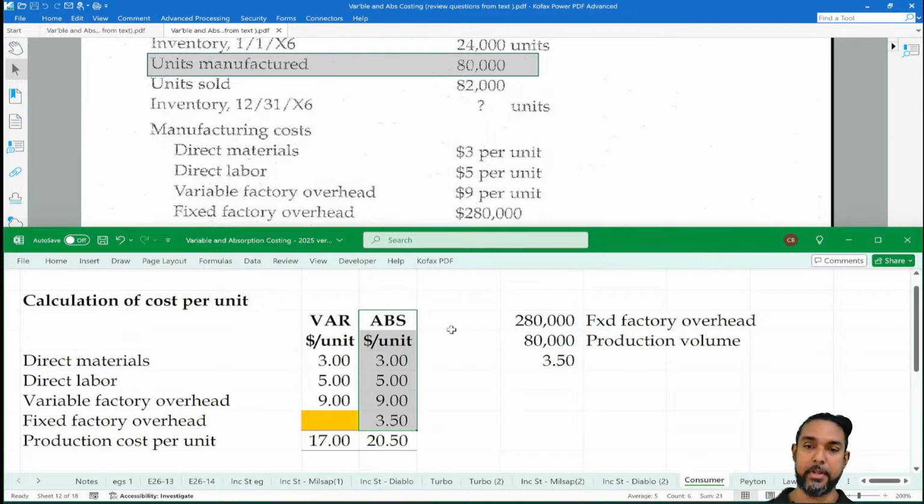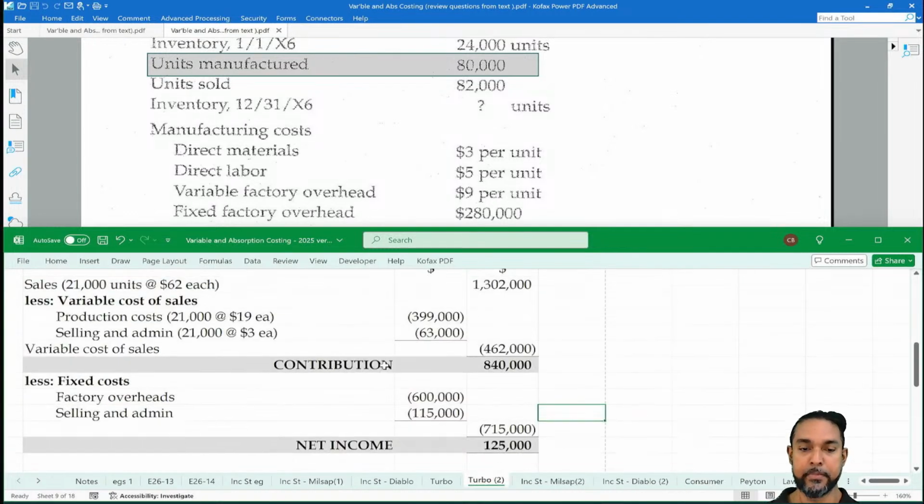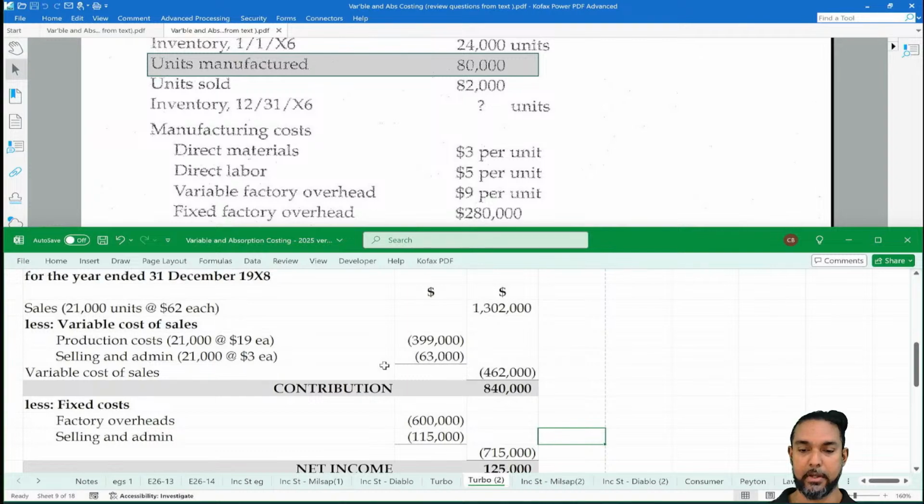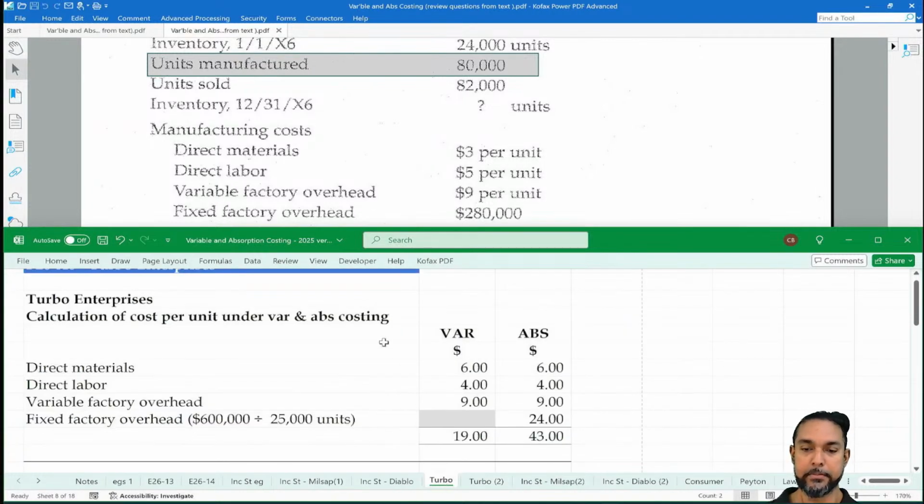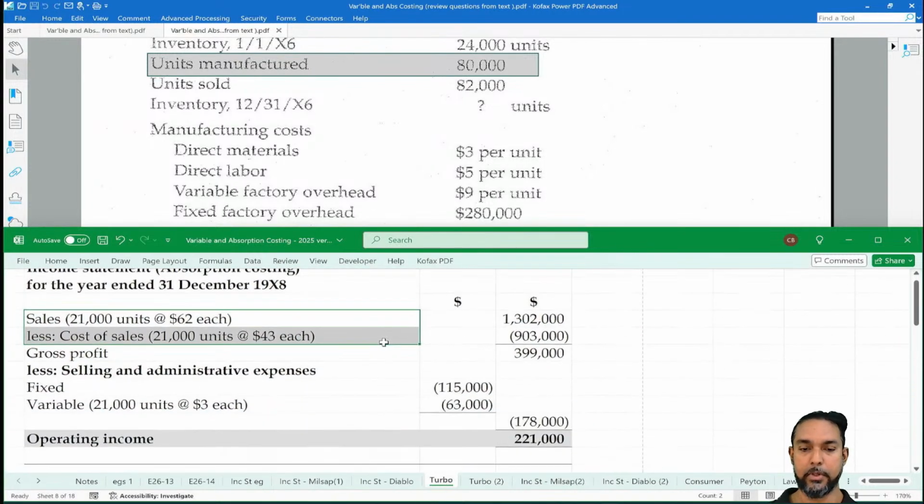The next thing I want you to do is the absorption costing income statement. I know we only did variable costing today, so just in case you need a reminder, the absorption costing income statement will look a little like this.